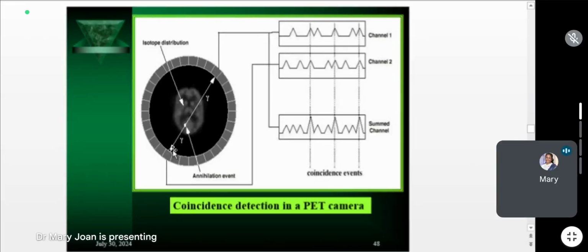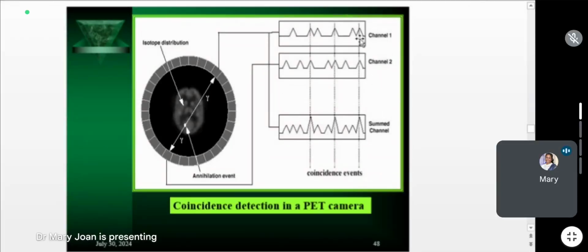So when both of these are detected by these two, specifically these two, the detector, say this is detector 5, then the detector which is 180 degrees apart from the detector, if those two detectors are identifying one photon, then only that will be considered as a coincidence. So this is how the coincidence detection takes place.